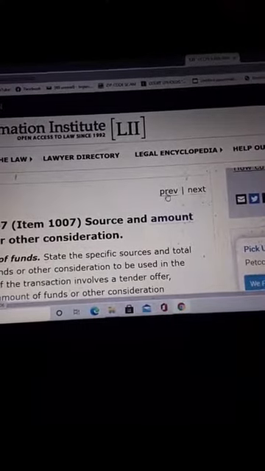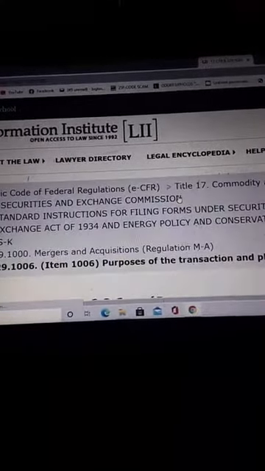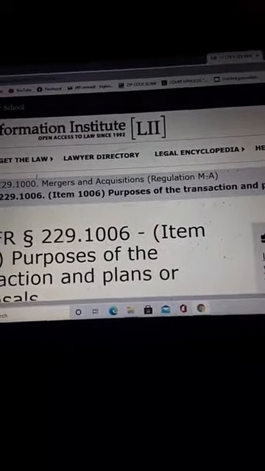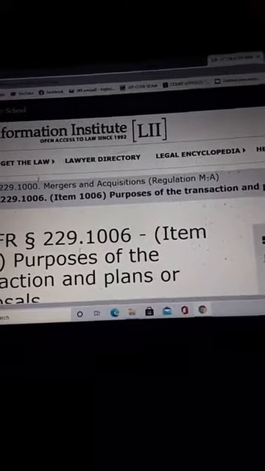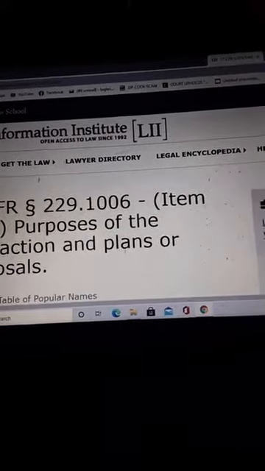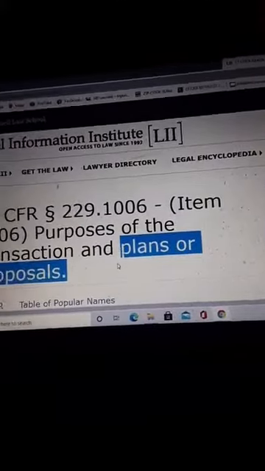We're going to hit previous. And we come across 1006. It says the purposes of the transactions and plans or proposals. These are just plans or proposals. They are not orders.